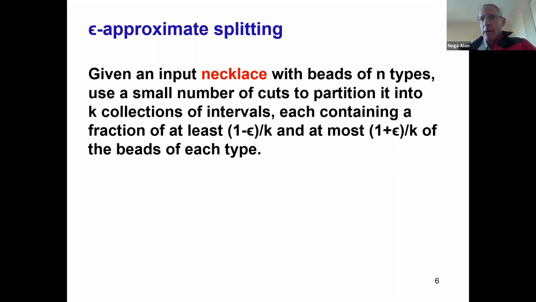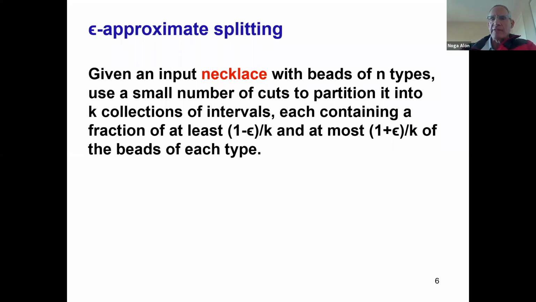And the simple example I mentioned, when the beads of each type appear contiguously, tells you that for any epsilon smaller than 1, even if you just want to ensure that every collection will get a positive number of beads of each type, then sometimes you do need k minus 1 times n cuts. So we cannot, in general, gain in the number of cuts, but hopefully this question is maybe simpler algorithmically.